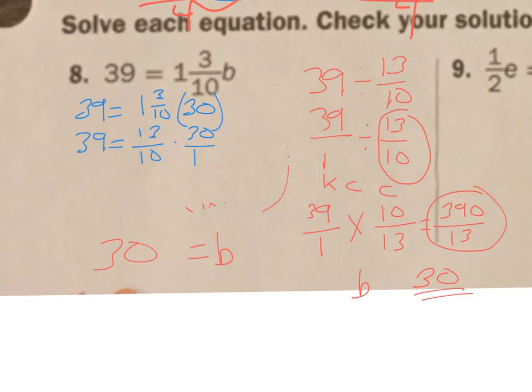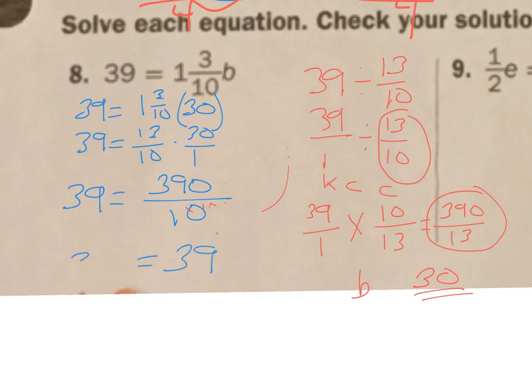If I do 13 times 30, I'm going to get 390. And the bottom is going to be 10 times 1 is 10. Now, I'm going to do 390 divided by 10, and that equals 39. 39 equals 39.